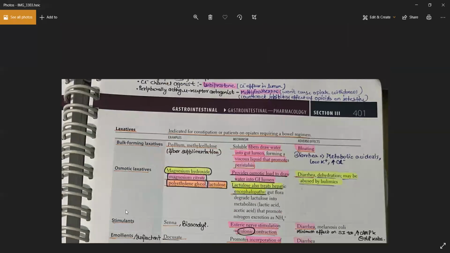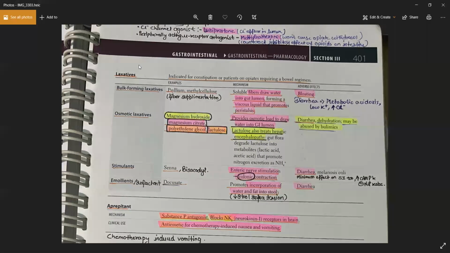Other agents are the chloride channel agonists. They cause activation of the chloride channels, and by activating them, they cause the efflux of chloride into the lumen. Whenever chloride is in the lumen, it draws water along with it, and that's how they can cause motility and diarrhea, right?